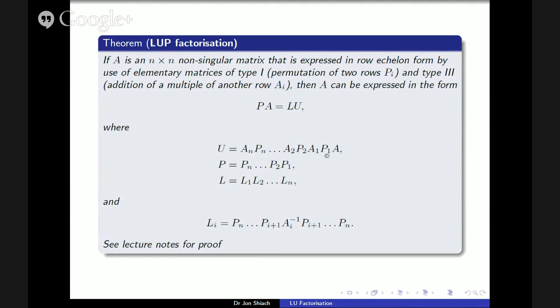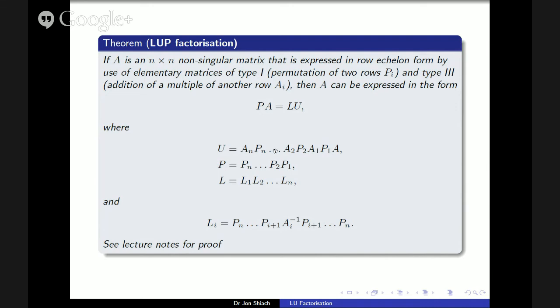So assuming we have to permute, we've got our matrix A. First we do a row swap, and then we do an addition of one row to another. Then we do another row swap, then we do an addition. And we keep going in that pattern, permute, add, etc., until we get to row echelon form.